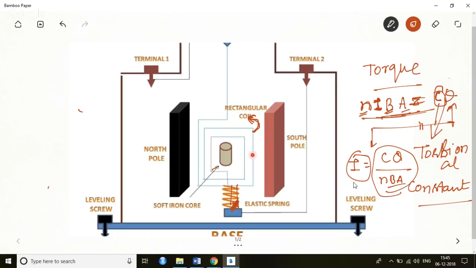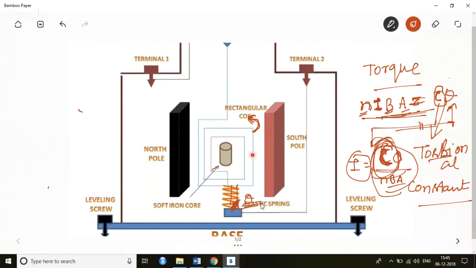A is the cross sectional area, and C is the torsional constant. You don't need to know the value. This is a constant which is called the constant of torque or torsional constant. I'm not giving you values of this. You just understand that as soon as the torque develops, this will start rotating. Due to rotating, this spring will lose its initial condition and it will make some angle theta.